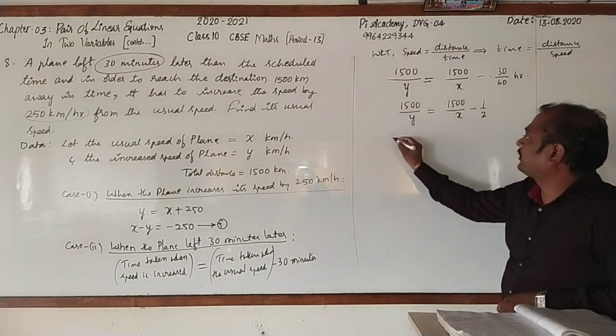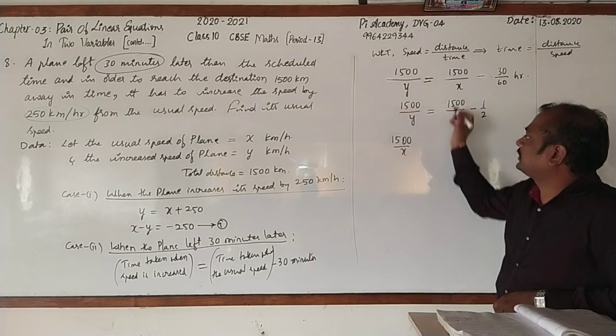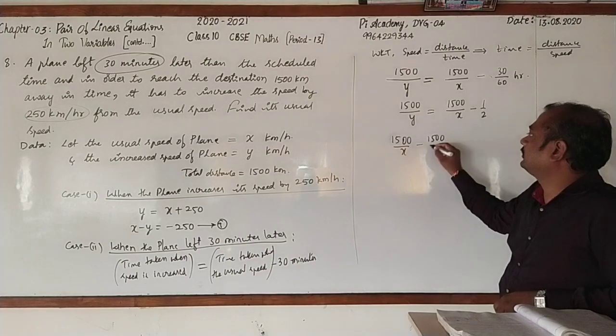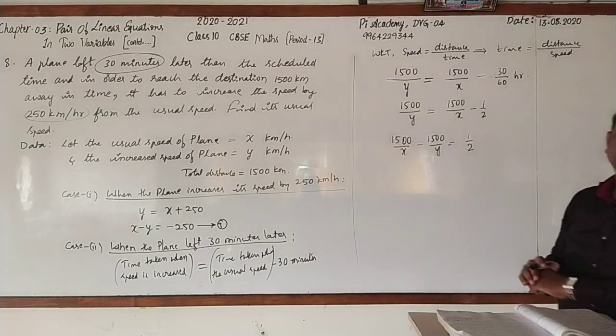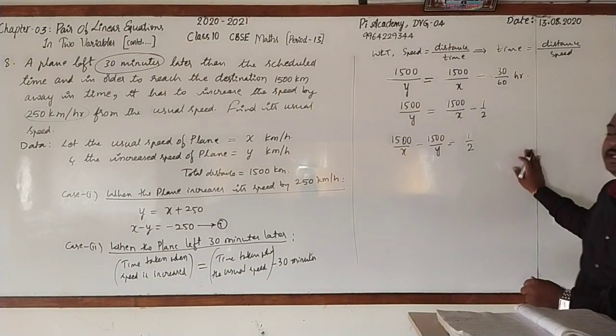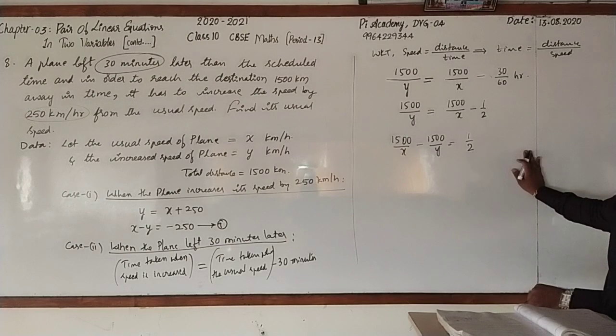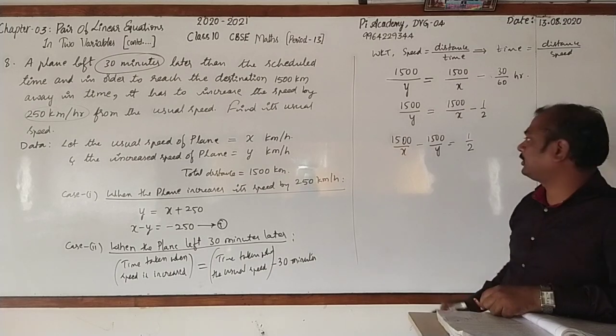Now let us go for writing in standard form. 1500 by x, transfer this, minus 1500 by y, transfer this. It is 1 by 2. Hope that you have understood. Observe the first and second equation. Now let us go for solving that. How do you solve? It is just like the previous problem.